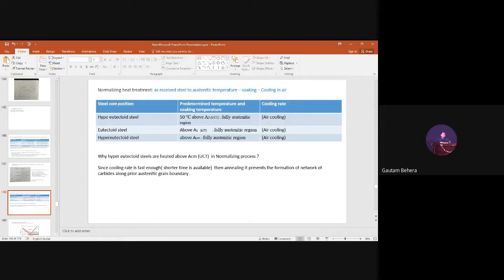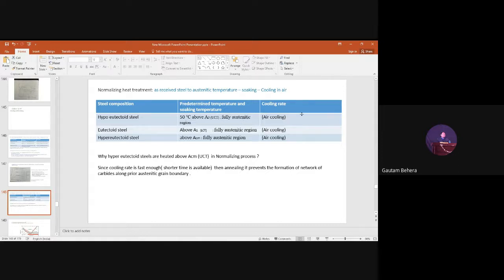Now this shows steel composition, austenitizing temperature, soaking, and cooling rate. If we have a hypoeutectoid steel, with composition below 0.8 weight percent carbon, you can see we go 50 degrees centigrade above A3, the upper critical temperature, to the full austenitic region.